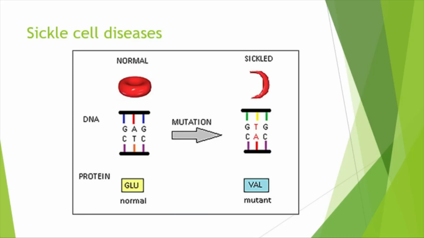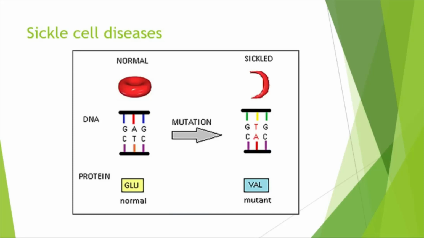As you can see here, this is the normal red blood cell. Sorry. So your DNA, as you can see here, has a mutation in this part. Your adenine here was mutated to thymine.